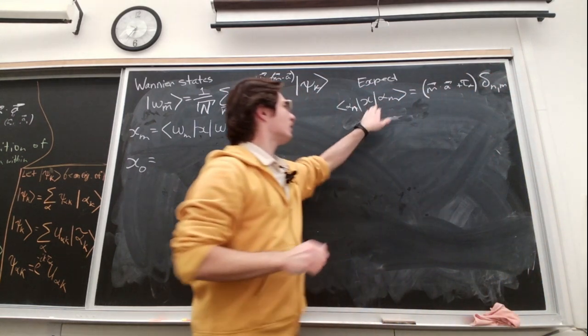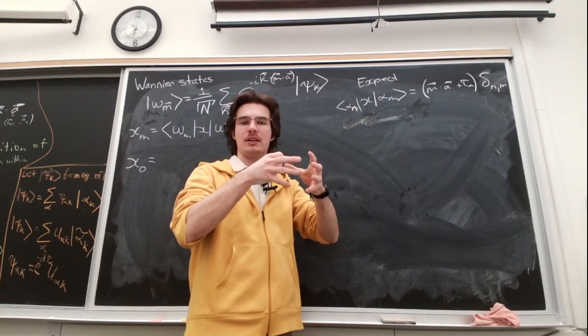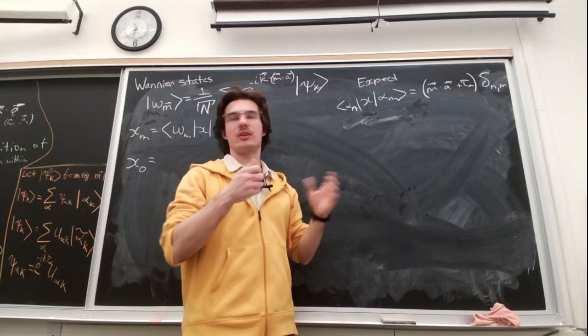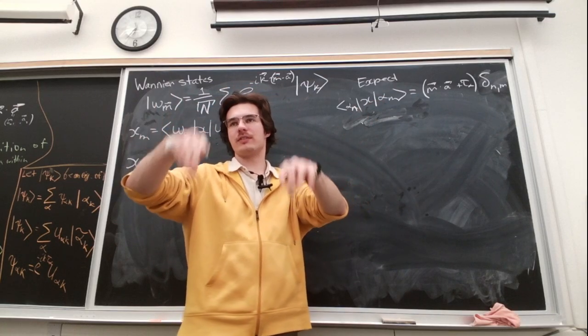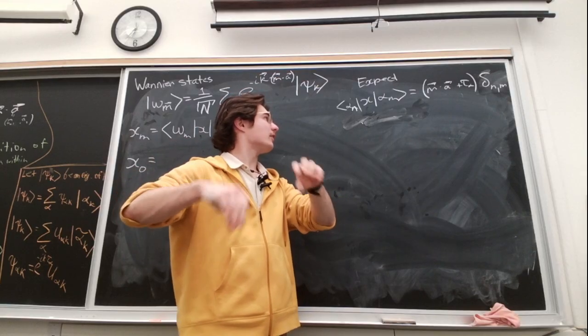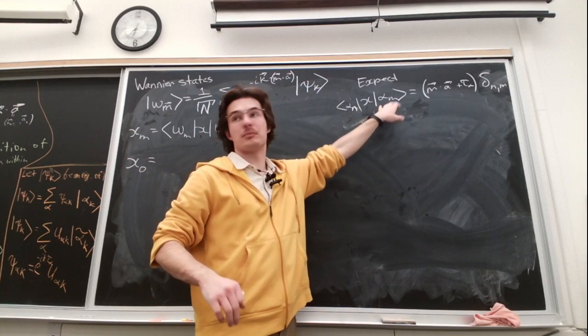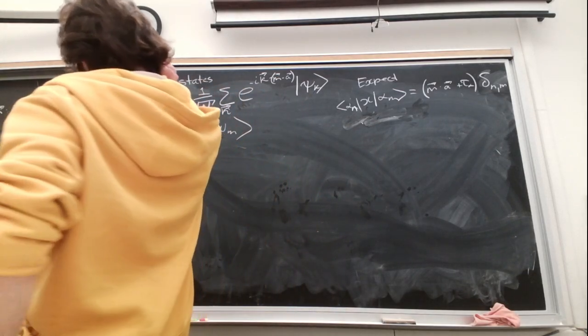If I computed the expectation value of the same state, then it's where the atom is, and if it was two different states, then it should be 0, because the atom is well localized, so if it's not the same atom, then the wave function there is mostly 0. Okay. So, good.